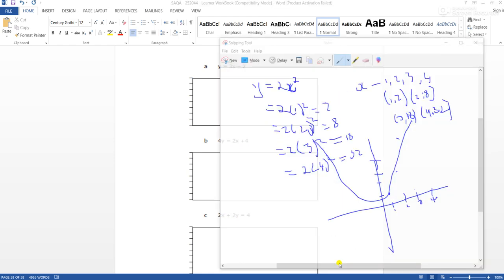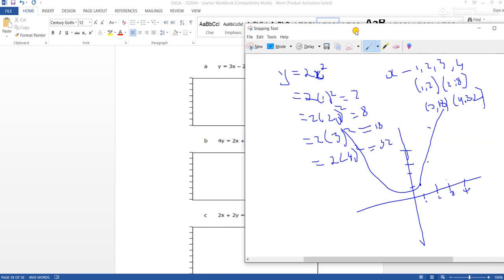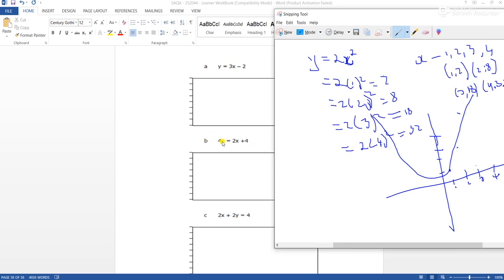So in this instance, what you need to do is make y the subject of the formula for this equation, plus 4.